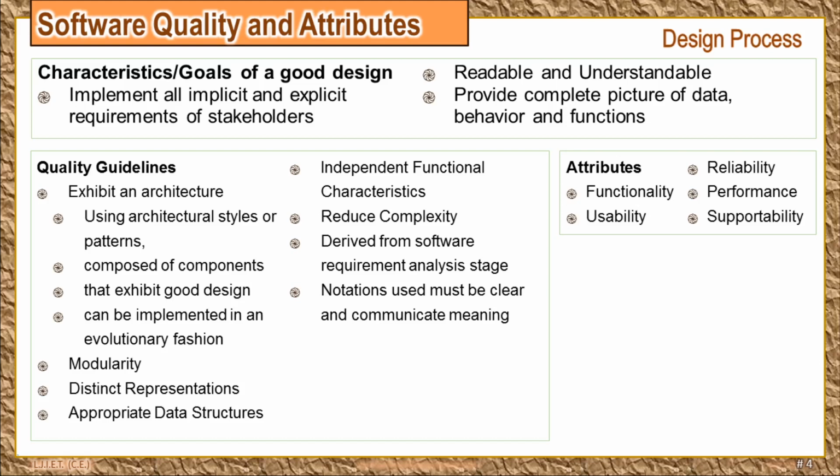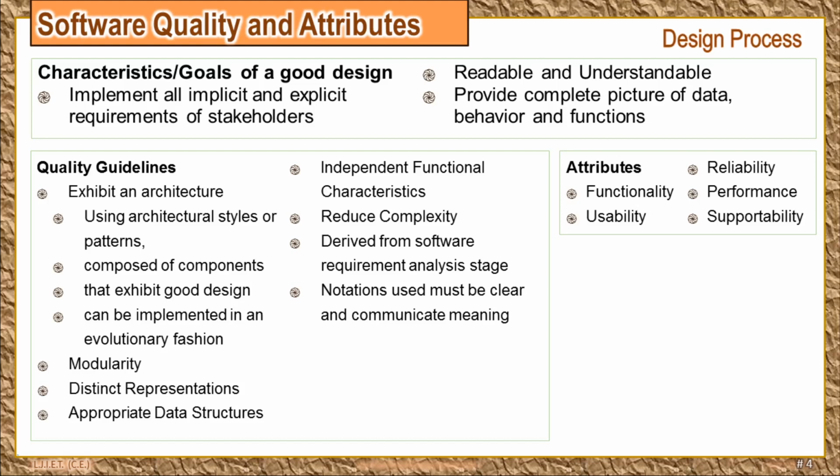A design should be modular. It should contain distinct representations of data in the form of architecture, interfaces, components, and class or data. It should lead to data structures that are appropriate for the classes to be implemented and are drawn from recognizable data patterns. A design should lead to components that exhibit independent functional characteristics.